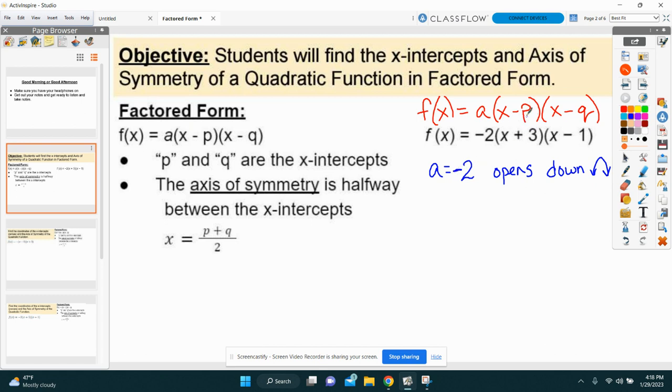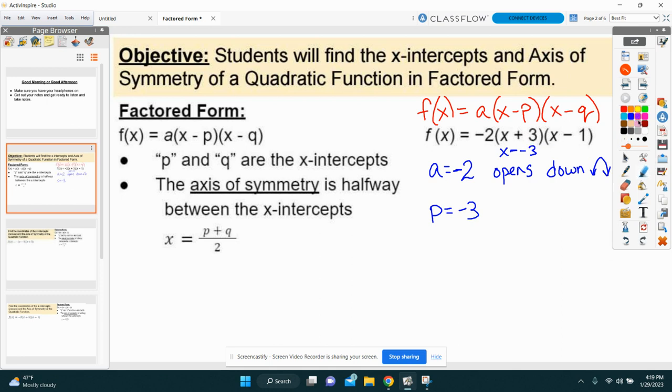And then here, for our P, the formula is supposed to be x minus, and this isn't minus. That means P is actually -3, because x plus 3 is the same thing as x minus -3, since two negatives make a positive. So P is -3.